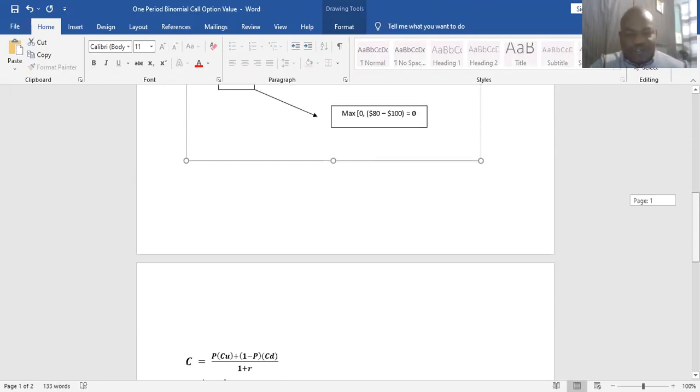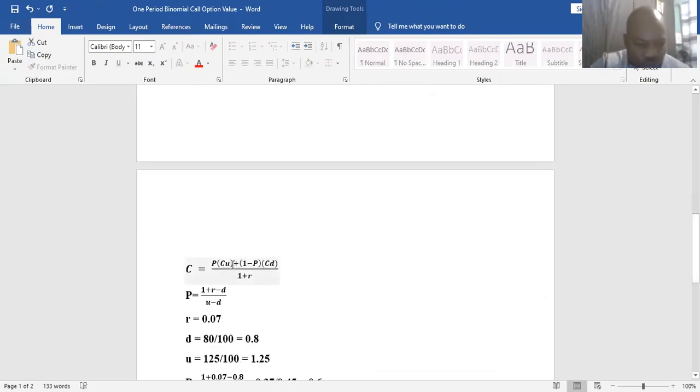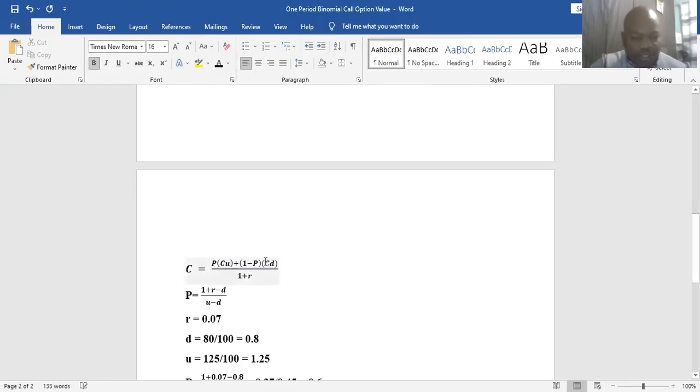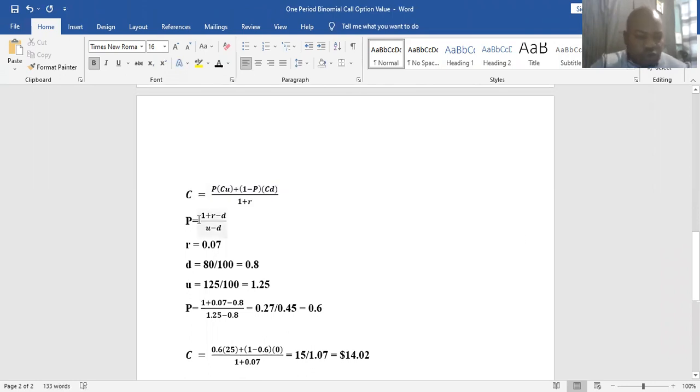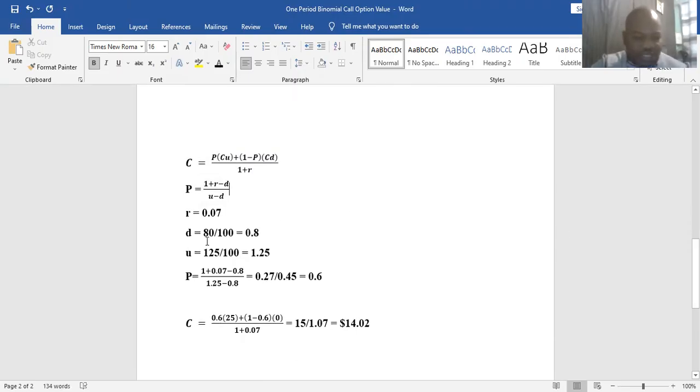I call my 25 as my CU, which you are seeing there in that formula, and I call the 0 as my CD. My P I had to calculate, for me to calculate the theoretical value of the core option. So that was the formula for calculating P. I had to fuse in my D, meaning the proportion of a downward swing.